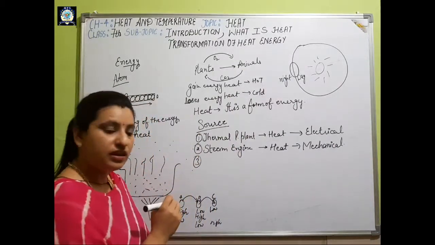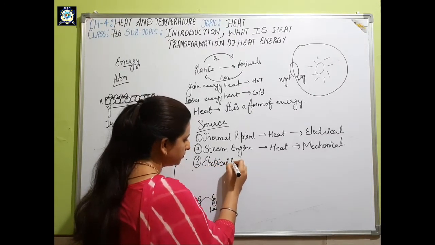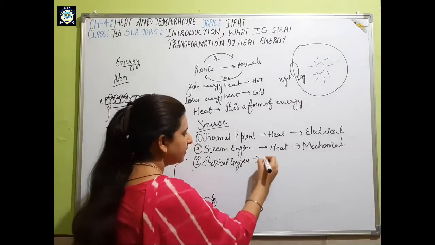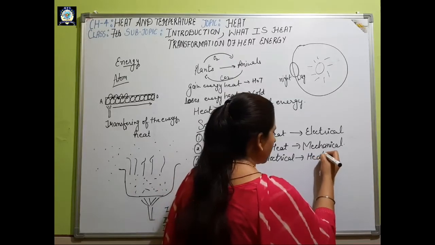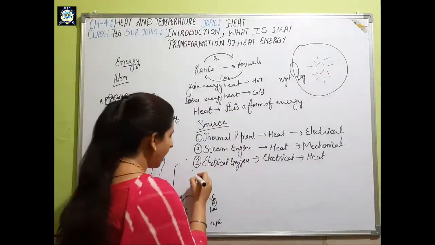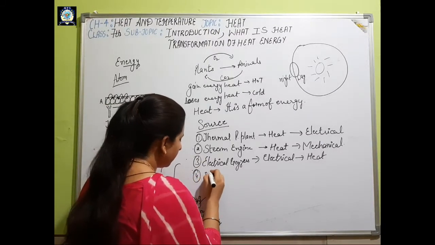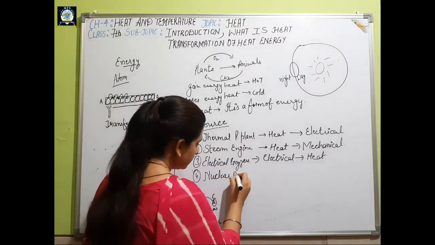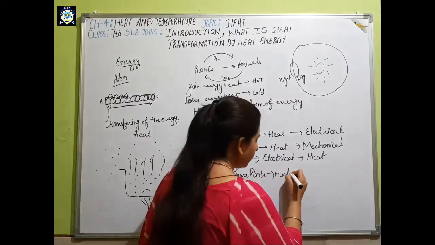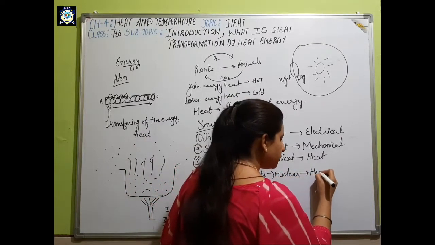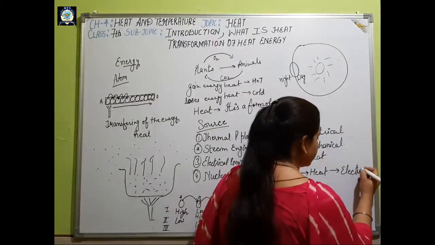Then in the case of electrical geysers, the electrical energy gets transformed into heat energy. Okay, and in the case of nuclear power plants, the nuclear energy gets transformed into heat energy first, and this heat energy will be transformed into electrical energy later.